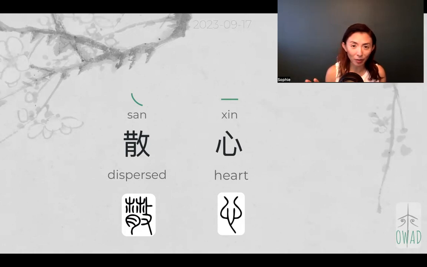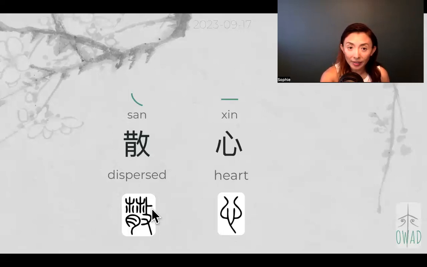So here we're not talking about attention anymore. We're talking about heart. What's the difference? Okay, you will see. Again, let's come back to 散, dispersed. In contemporary Chinese, it's hard to tell what exactly the story is in there.